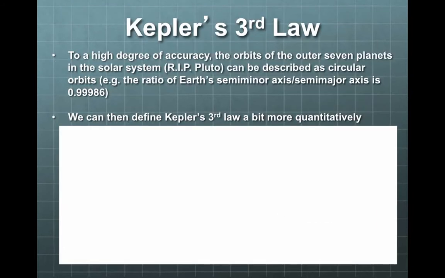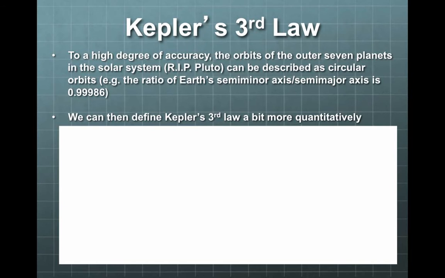So, even though we stated in Kepler's first law of planetary motion that the orbit of all planets around the Sun is an ellipse, to a very high degree of accuracy, the orbits of all the planets, all the outer 7 planets, with the exception of Mercury, can be described as circular.